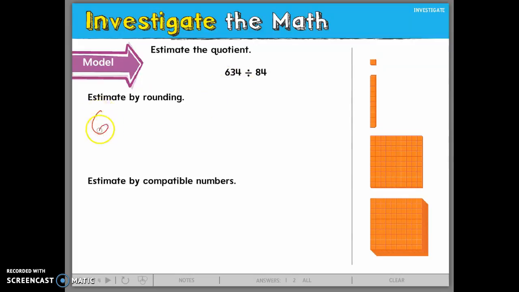So that becomes 600 divided by, well, that 4 is going to make us round down. So now we have to do 80. Well, 80 doesn't go perfectly into 600, so I actually have to set this up in long division. 600, divisor of 80.